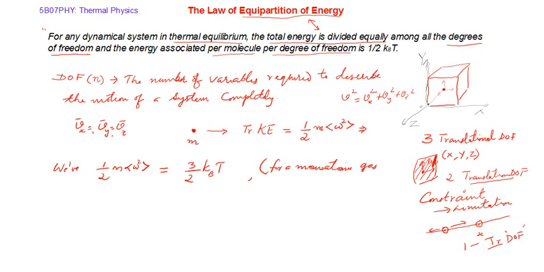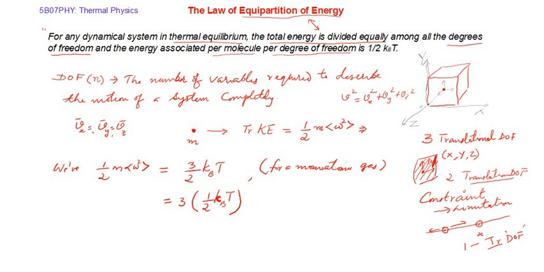So can't you understand this as 3 into half kBT? Can't you see something familiar? Why have I separated out this half kBT? Because half kBT appears in our statement of the law of equipartition of energy.